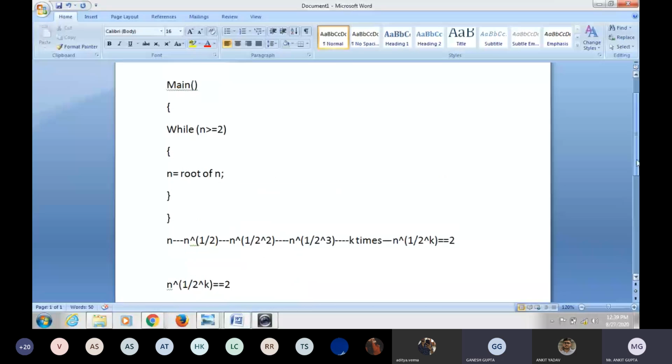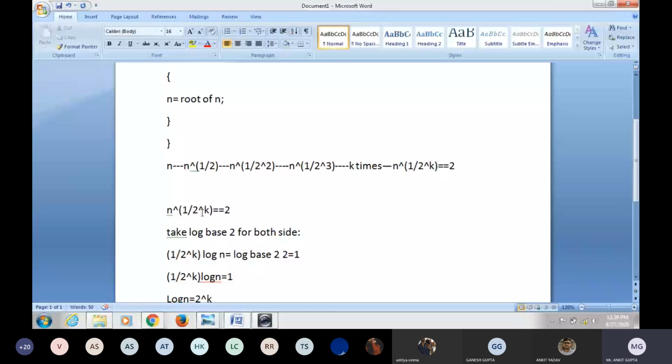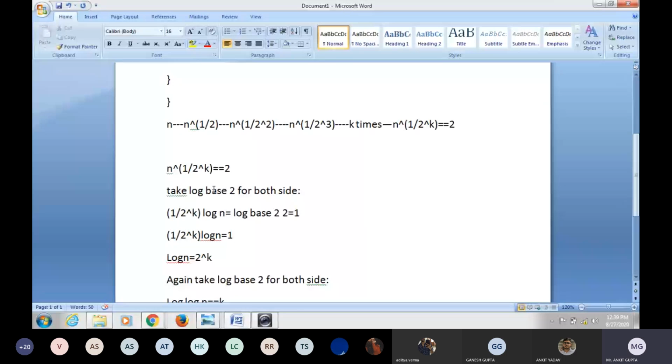So first time n, second time n raised to the power 1 by 2, third time n raised to the power 1 divided by 2 raised to the power 2. If I go to k times, then I will get n raised to the power 1 by 2 raised to the power k equal to 2. Then I will take log for both sides. So 1 divided by 2 raised to the power k will come in front of log, and log n is equal to log base 2 of 2, that is 1.